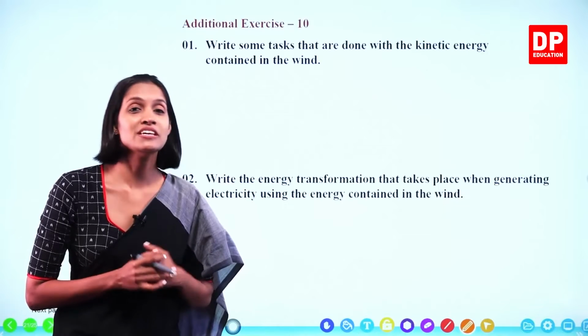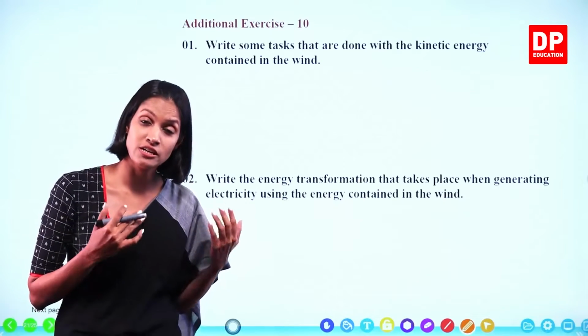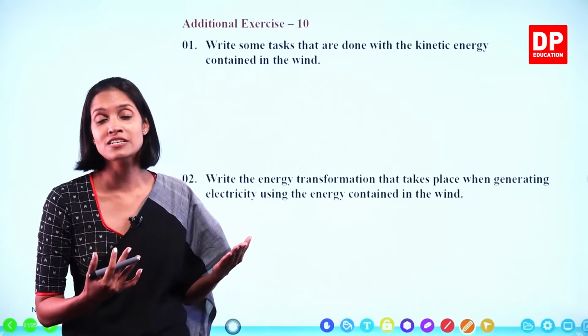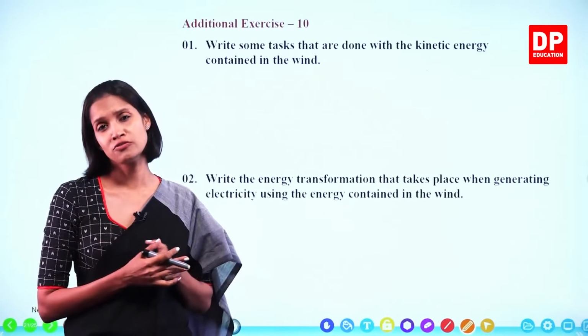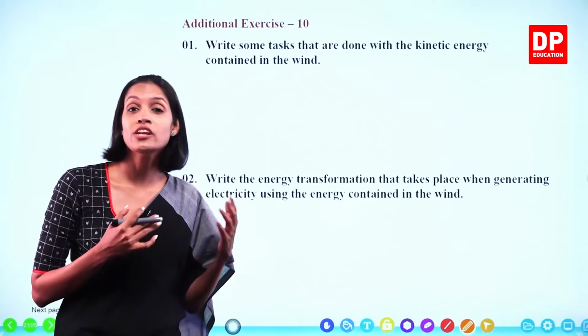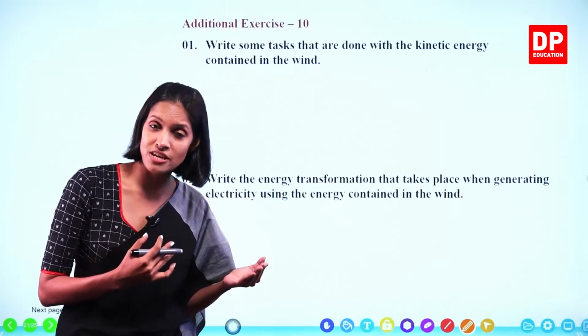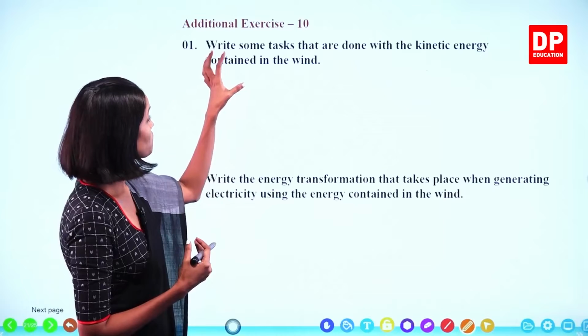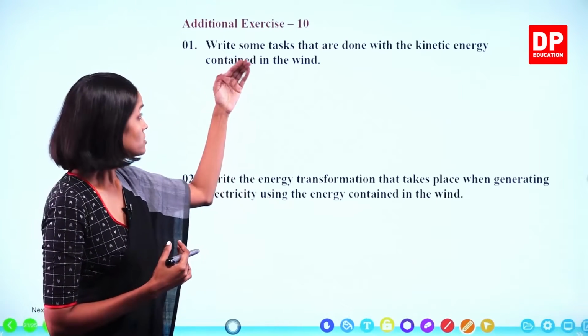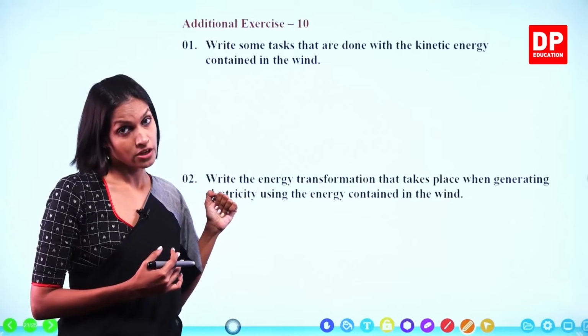Do you remember even in the 4th lesson we learned the instances in which we can use the energy contained in the wind to do our work? What are the instances, children? You all know that in wind power plants, in wind power stations, the kinetic energy of the wind is used to generate electricity. Right, children?